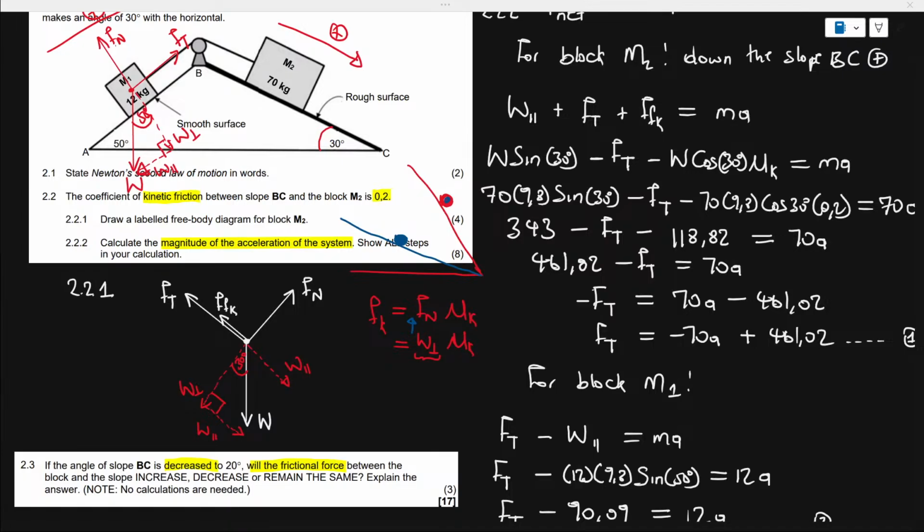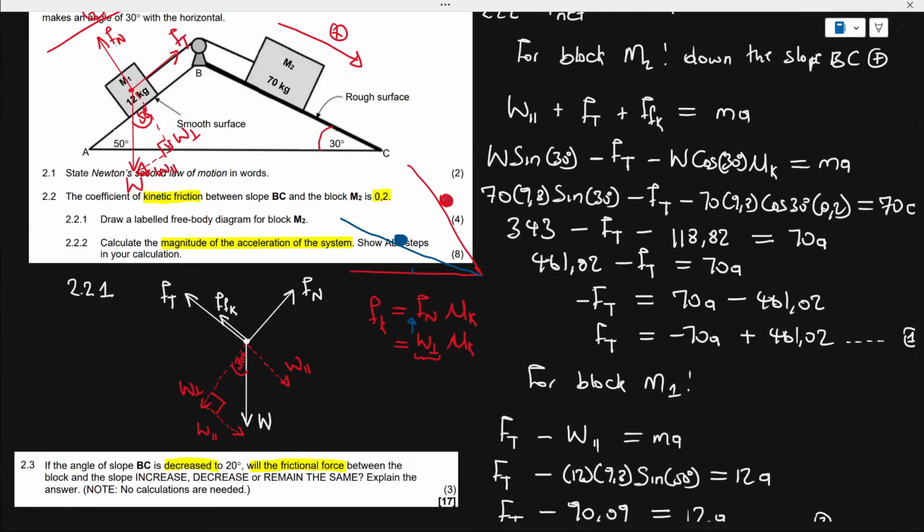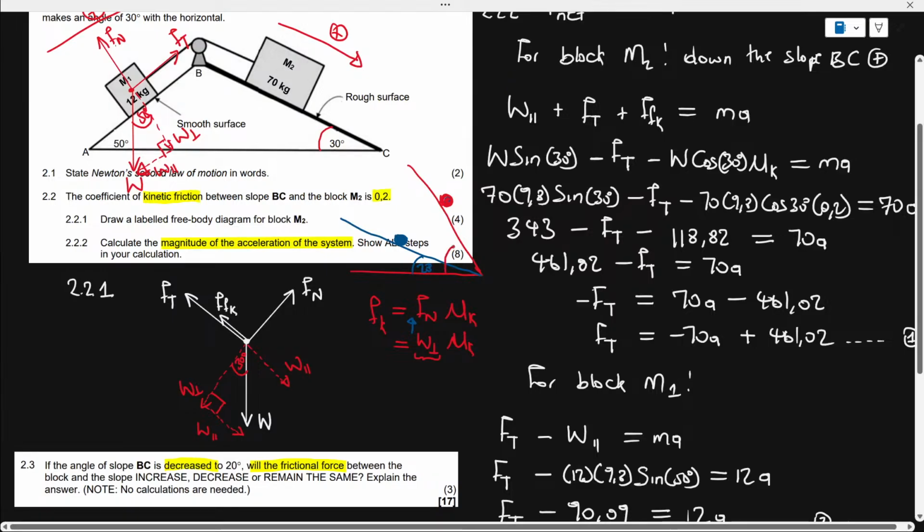I'm sorry about that. So you see here, we have an object, this red dot lying on this surface. And then here we've got an object, this blue dot lying on this surface. This one, let's say that is the 20 degrees. And this one, let's say that it's the 30 degrees.